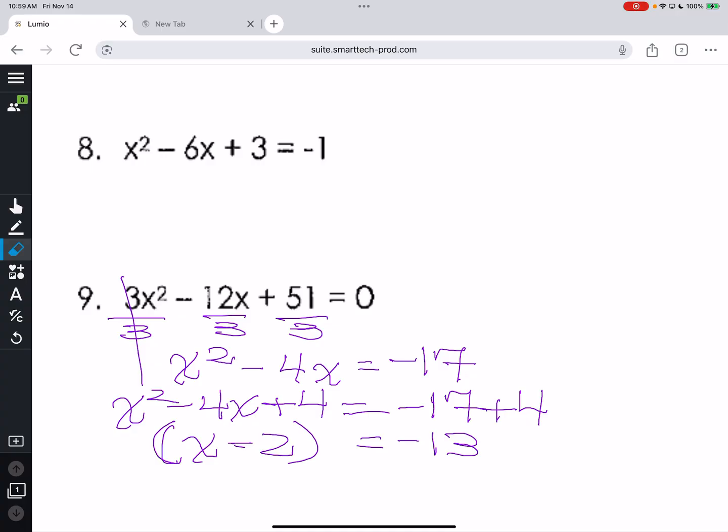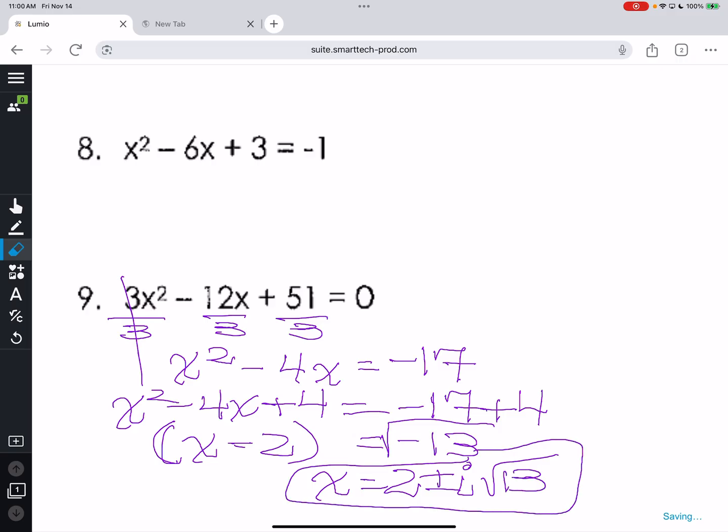No. I got 2 plus or minus radical 13. X equals 2 plus or minus baby i radical 13. Positive i, because it was a negative 13. Oh, plus or minus i radical 13. The 2's positive. Don't mess with it.